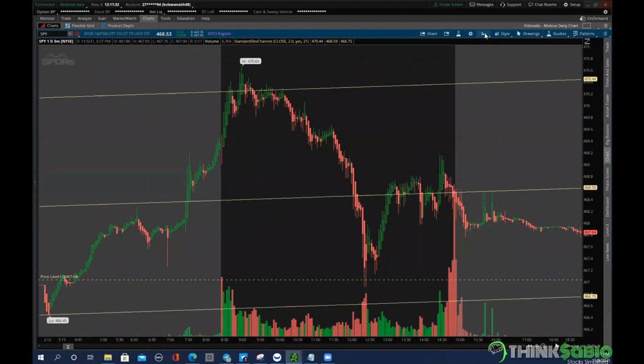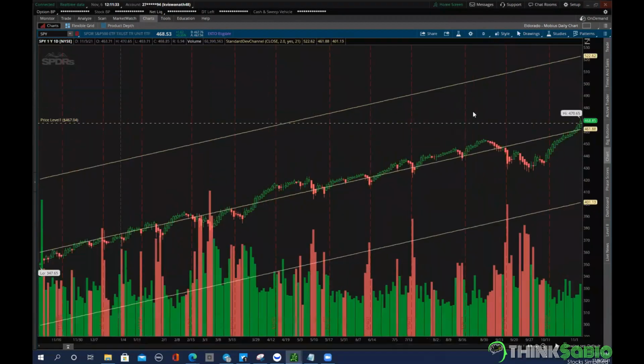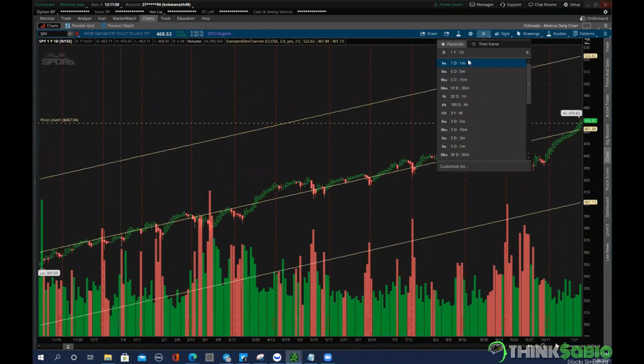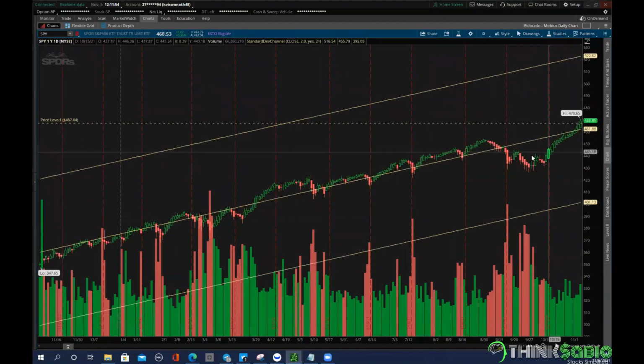So if you go back and look at the bigger time frames, the stock will try to trade along the mean. I changed it from 1 day 1 minute to 1 year 1 day. So this chart is 1 year 1 day.